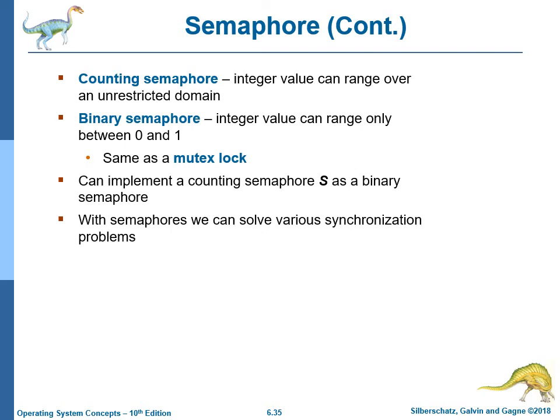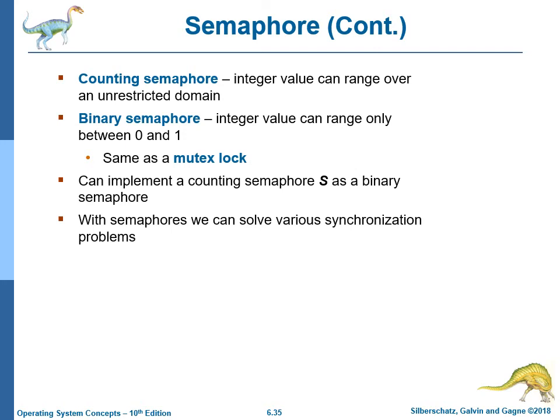Tak ada restriction. Tapi untuk value of the binary semaphore, dia ada range antara 0 dan 1 sahaja. So binary semaphore behave similarly to mutex locks, jadi binary semaphore ni akan works sama macam mutex locks function.